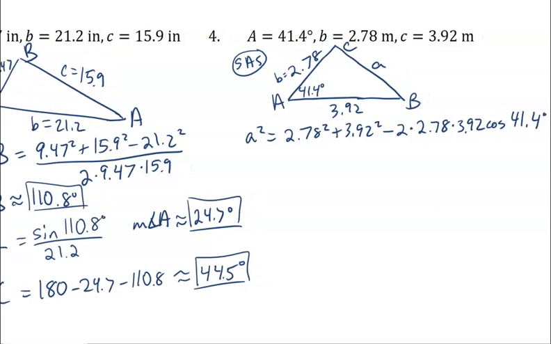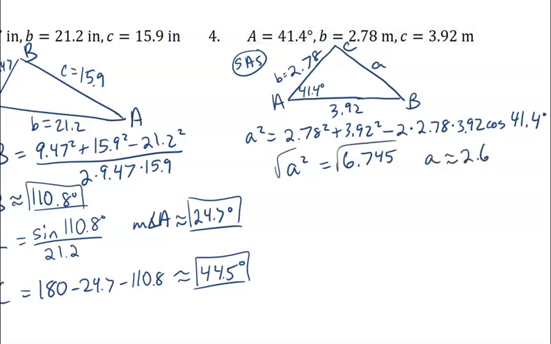And then let's see. This comes out to be that A squared is approximately 6.745. So square root of that. So A is about 2.60. Oh, I don't need units on those because those are angles. Okay, so 2.60 meters for the unknown side length.